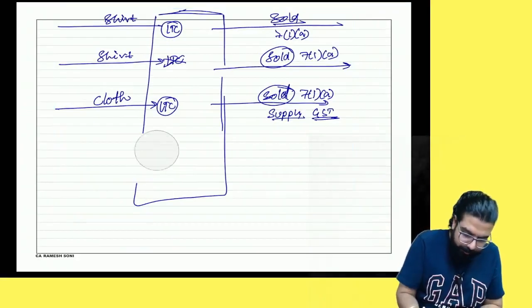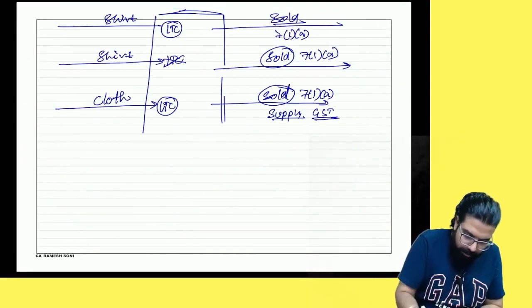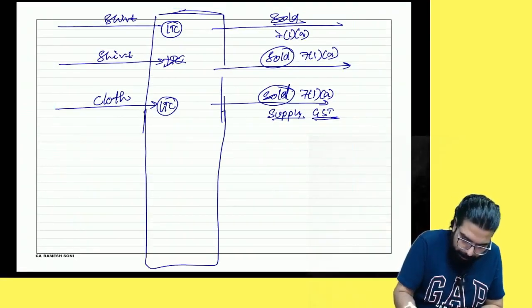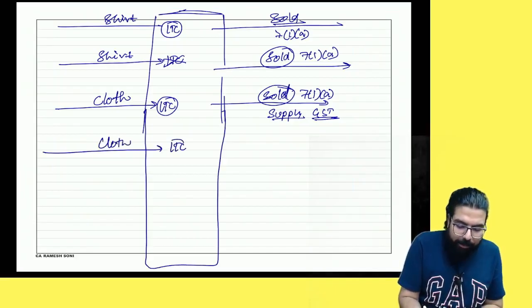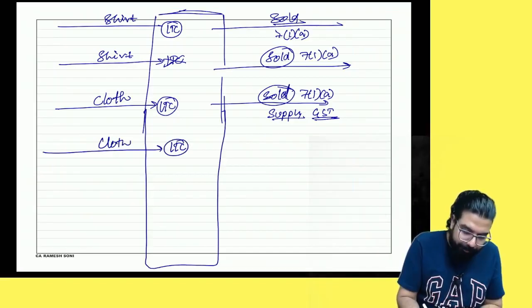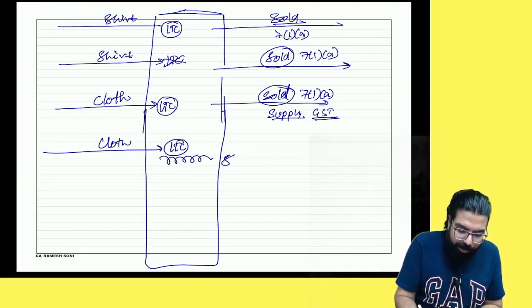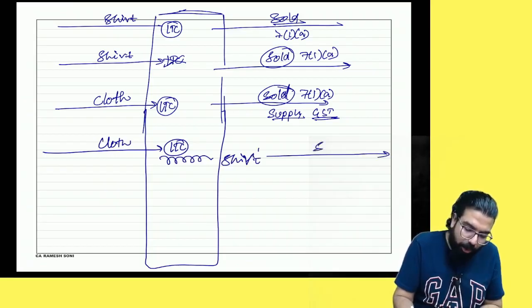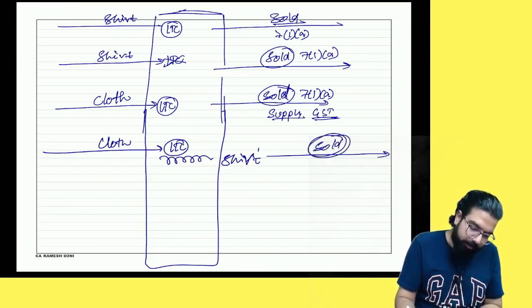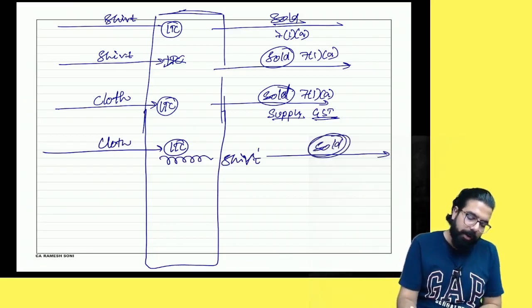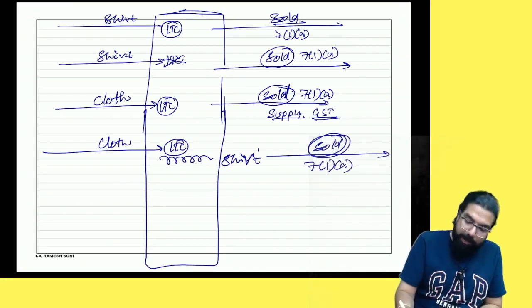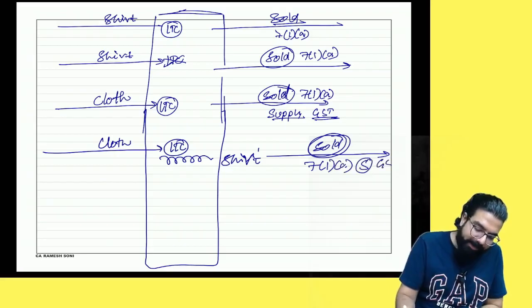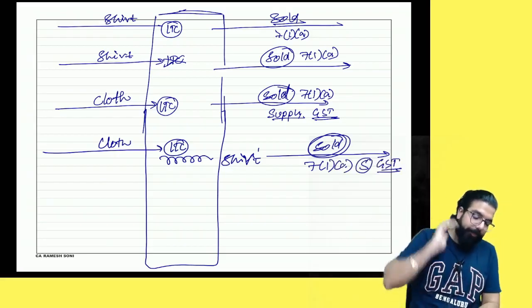Everyone here now. I bought cloth. From cloth I made, and I took ITC on cloth. From cloth I made shirt. Shirt I sold. 7-1A. No problem at all. Is it supply? Will GST come on this transaction?